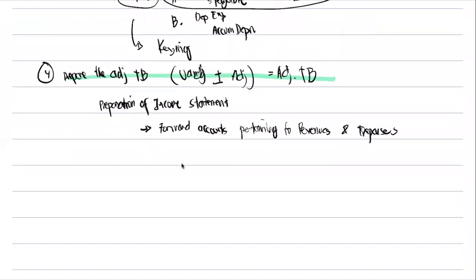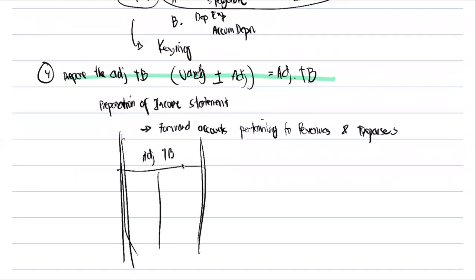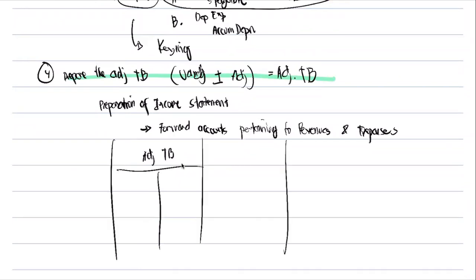Okay, so this is your adjusted trial balance, right? Okay, so let's say this is a portion of the worksheet. We have your adjusted trial balance, and then we have here your income statement.